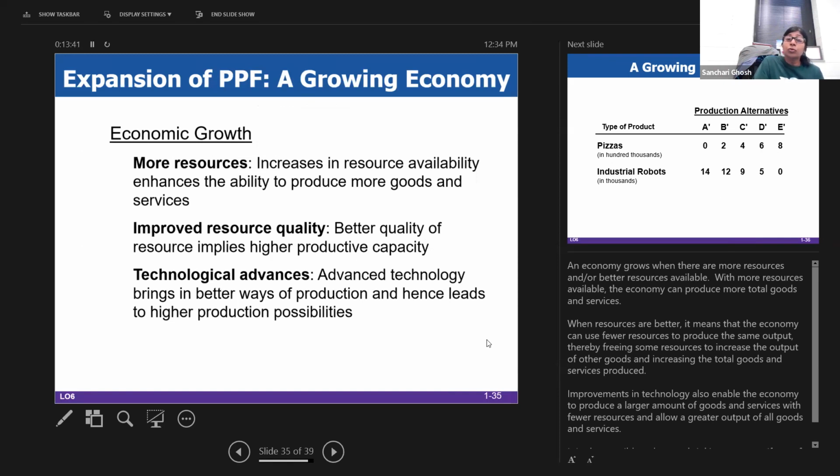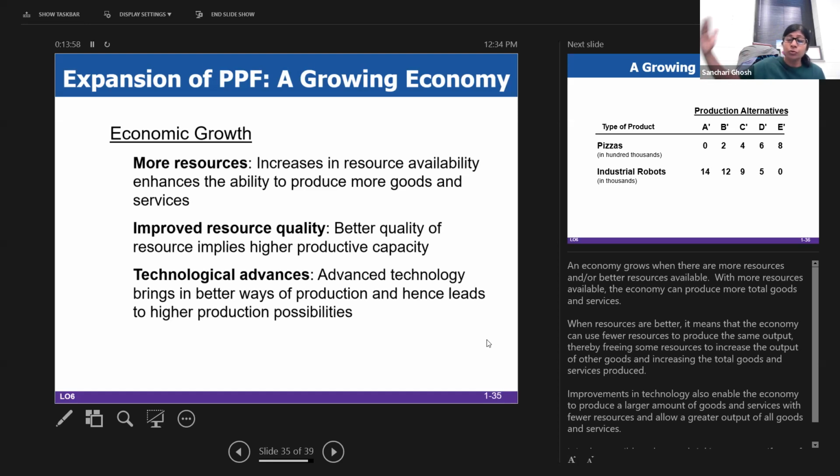Now, when I say growth means more resources or improved quality or technology, that might vary from country to country. I just mentioned the Chinese growth has been higher than the United States and many other advanced nations for quite some time. That's because advanced nations have already attained their economic growth.